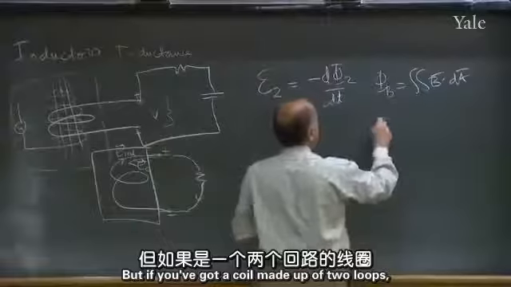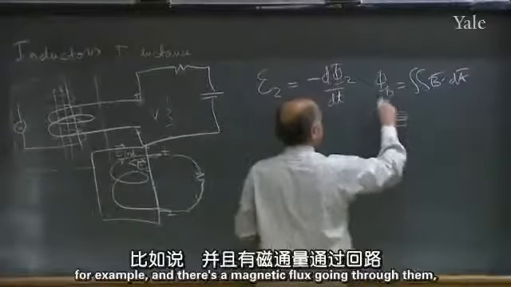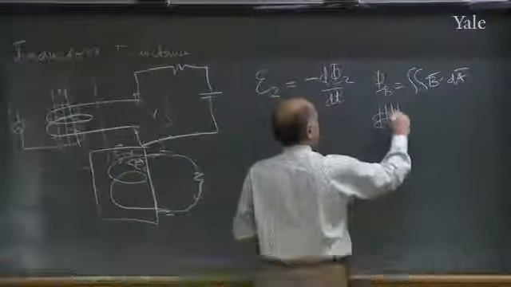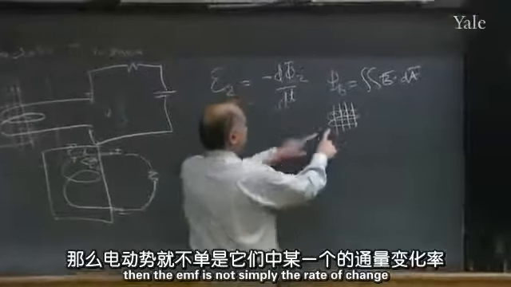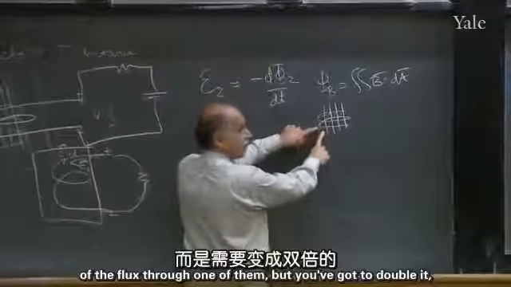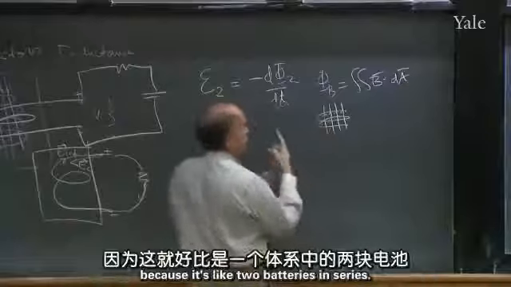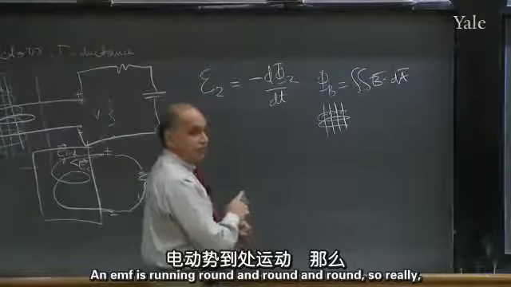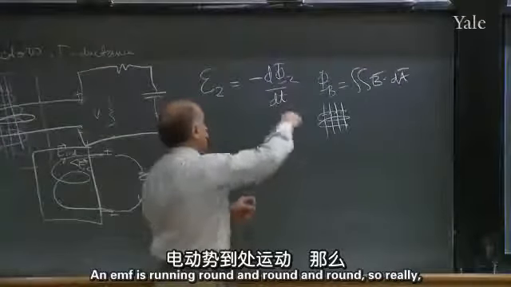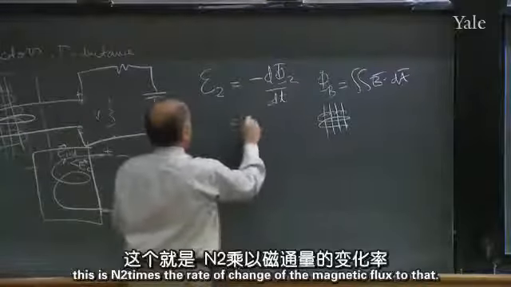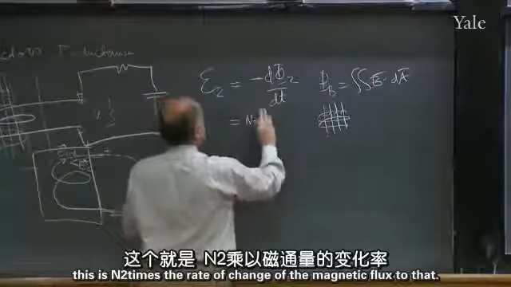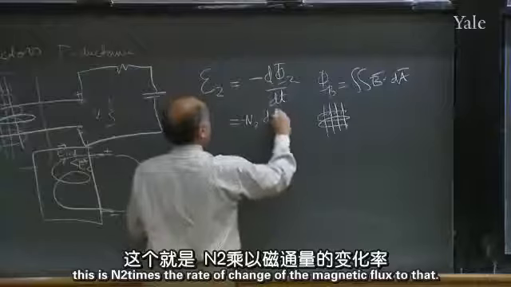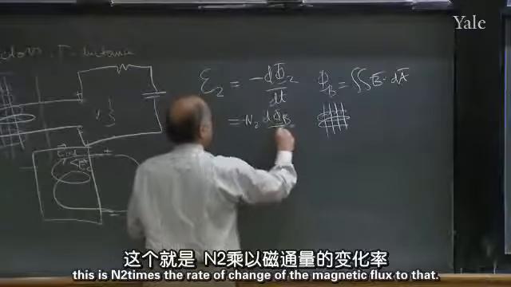But if you've got a coil made up of two loops, for example, and there's a magnetic flux going through them, then the EMF is not simply the rate of change of the flux through one of them, but you've got to double it, because it's like two batteries in series. The EMF is running round and round and round. So really, this is N2 times the rate of change of the magnetic flux through that.